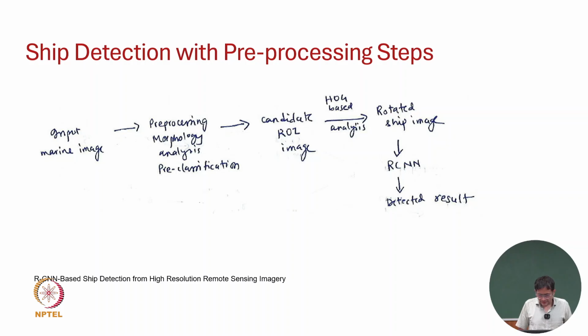And given those candidate ROIs, we can also do an appropriate analysis, we can have HOG-based analysis or any other kind of analysis to understand the dominant object in that particular, now zoomed in, scene, right?